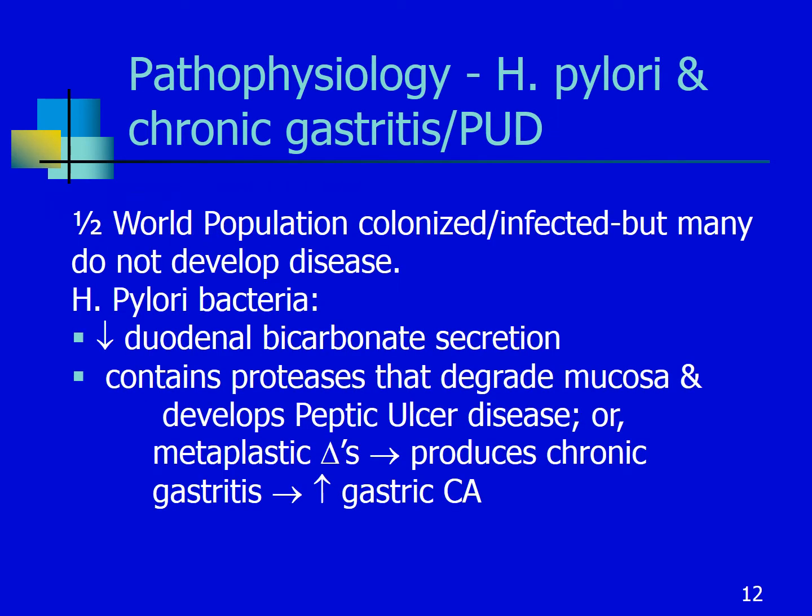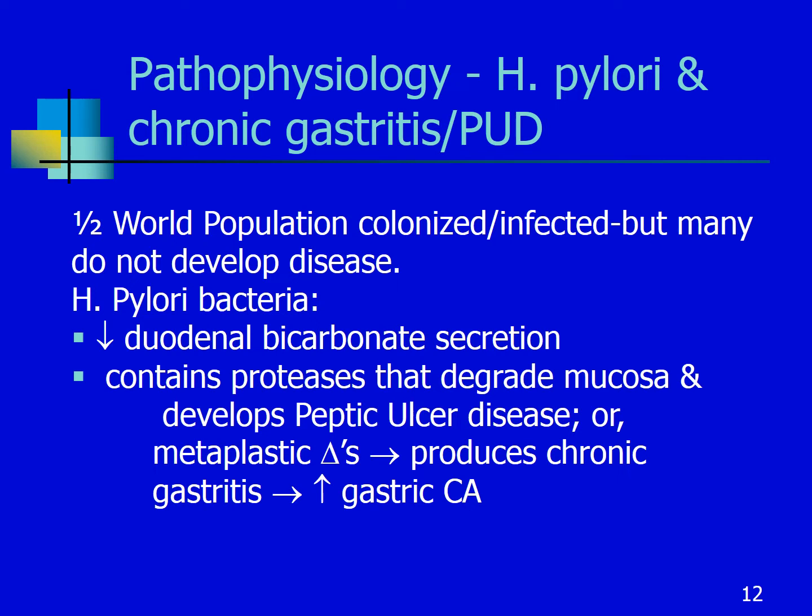So the pathophysiology, it's a pretty significant problem because half of the world population is colonized with H. pylori, but many of the individuals do not develop the disease. So H. pylori is bad, it's a bacteria, very hard to kill. So part of the treatment is multiple drugs. The stomach has a lot of acid, right? There is bicarb that helps neutralize things.